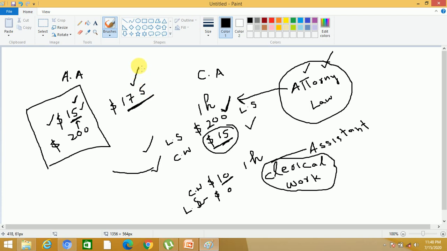So his opportunity cost here is $175. This is basically called comparative advantage.